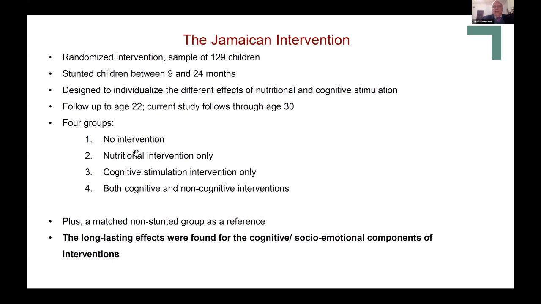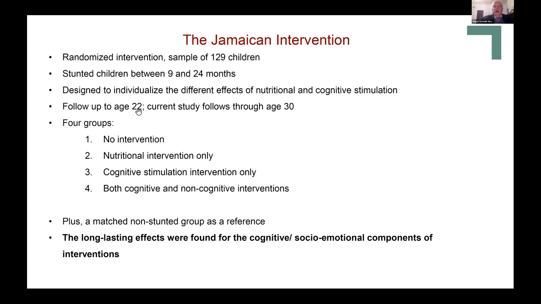Some were given a nutritional supplement because they suffered from various aspects of malnutrition. Others were given cognitive stimulation. And some were given both cognitive and non-cognitive intervention. So 3 and 4. It turned out that 3 and 4 gave the lasting finding.